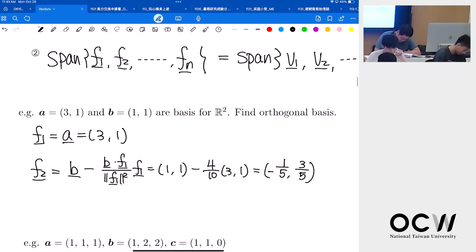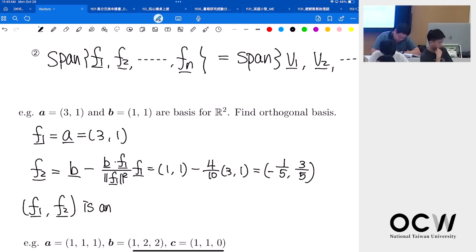And we say that F1 and F2, this set, is an orthogonal basis.